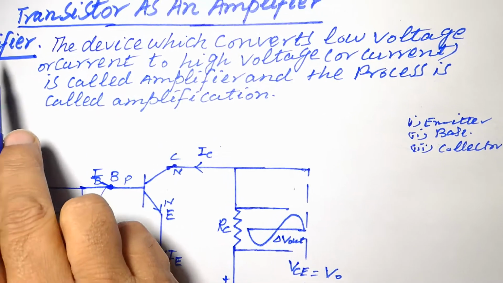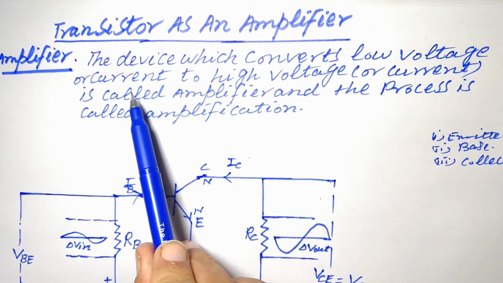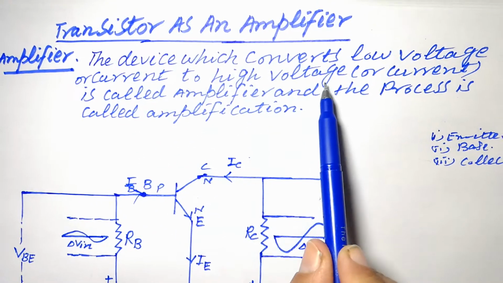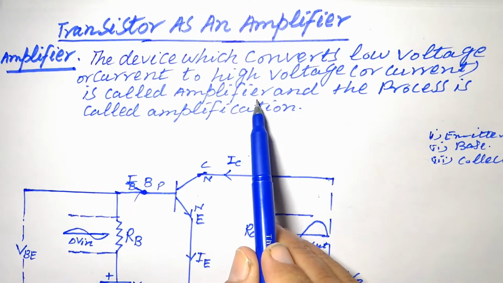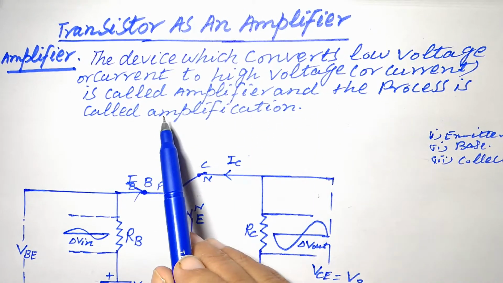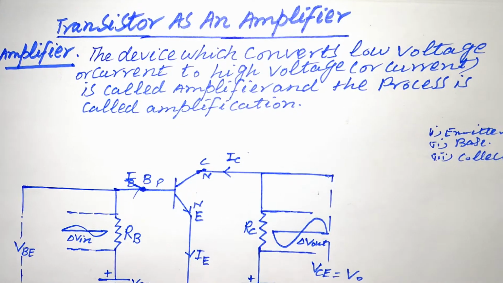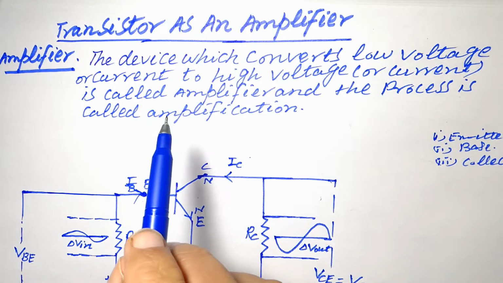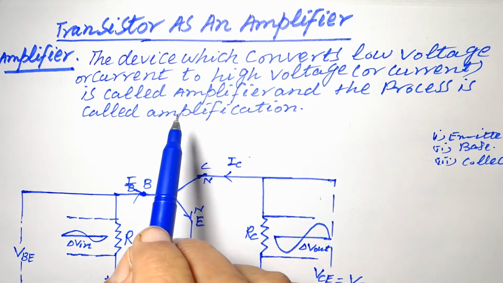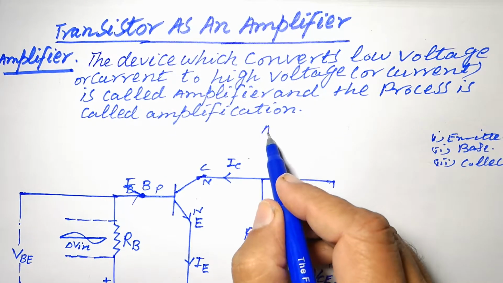And now come to the amplifier, students. The device which converts low voltage or current to high voltage or current is called an amplifier, and the process is called amplification. Let's look at it again. An amplifier amplifies the input current or voltage.